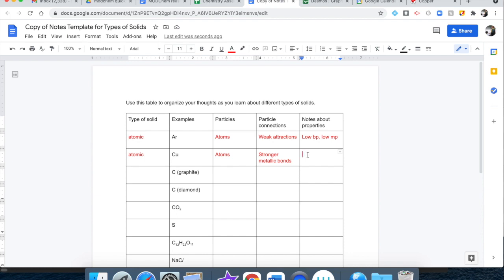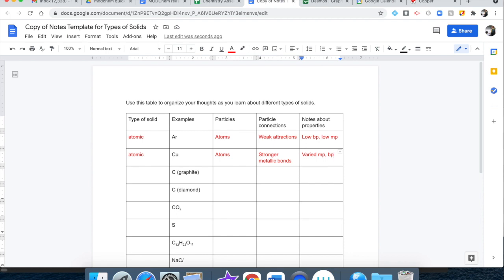In fact, mercury is a liquid at room temperature, and gallium is pretty close to being a liquid at room temperature. So we could say that there are varied melting points and boiling points for these things. Different metals are slightly different in their melting points and boiling points, but they're usually going to have higher melting points than nonmetals because the attractions are stronger in most cases.